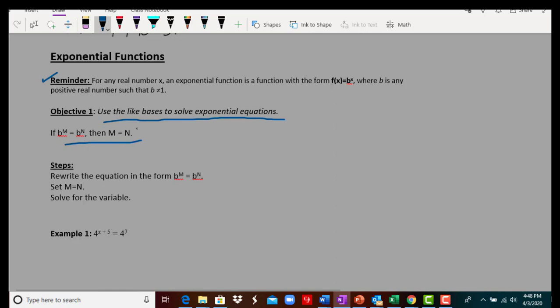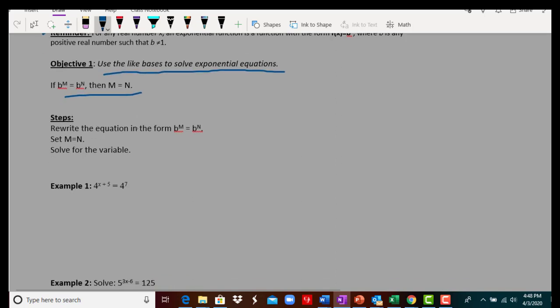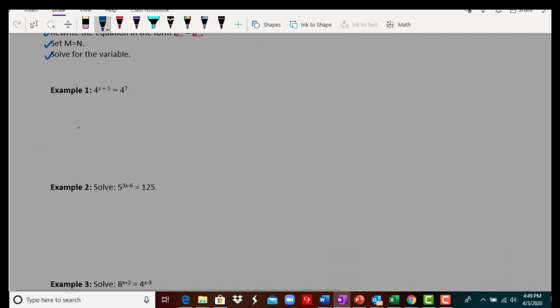Our steps are fairly simple. Number one, we rewrite the equation in the form of b to the m equals b to the n. Step two, set those two exponents equal to each other, and then we solve for the variable. In our first example, we have 4 to the x plus 5 equals 4 to the 7th.